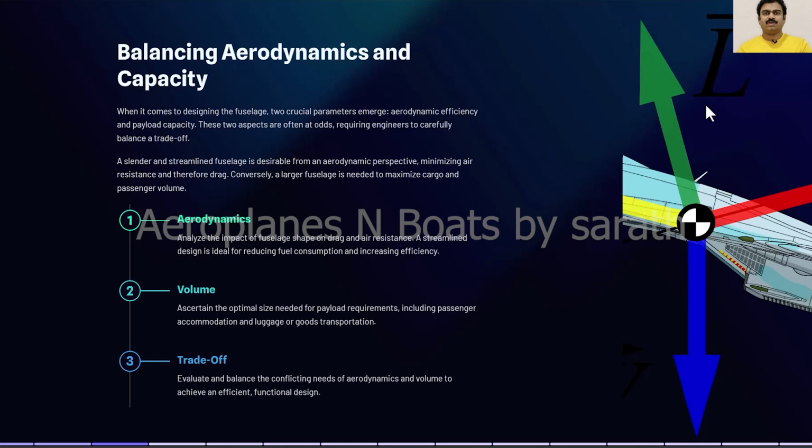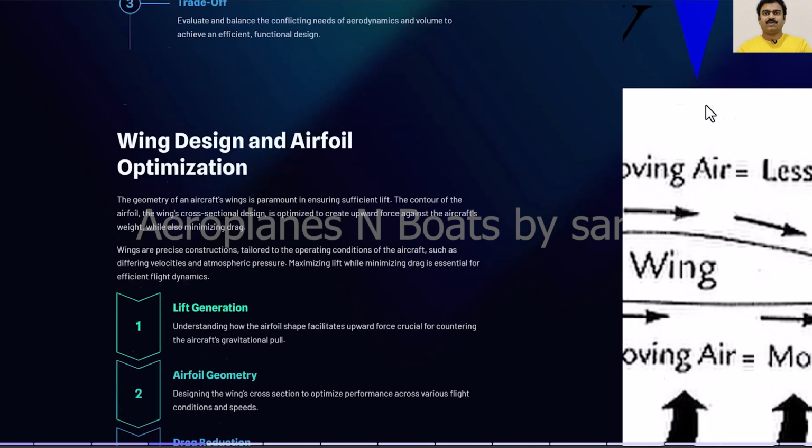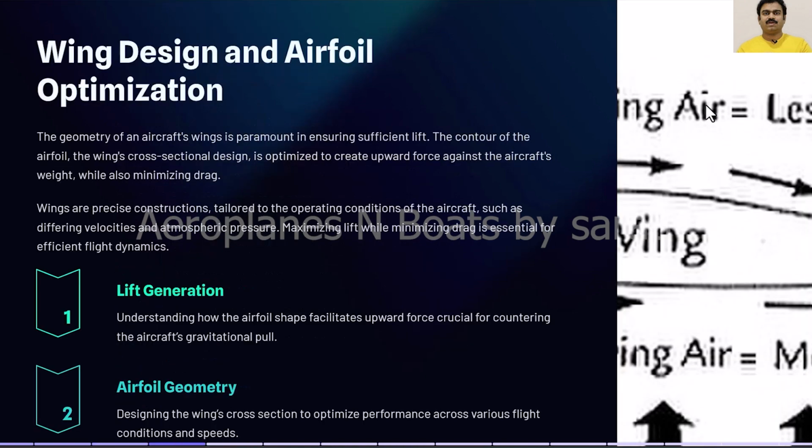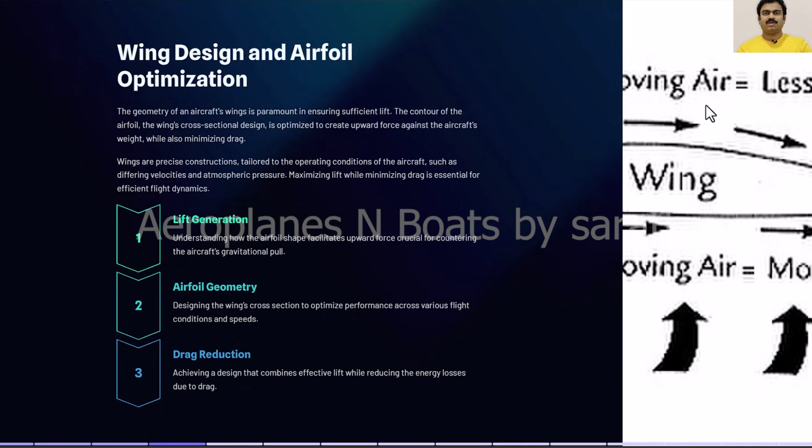In a nutshell, the airfoil geometry, which is the cross-section of the wing, must be optimal in order to obtain as much lift as possible, considering the different velocities and conditions at which this aircraft would operate, while also reducing the drag impact of the wing. In other words, design a wing that maximizes lift and minimizes drag.